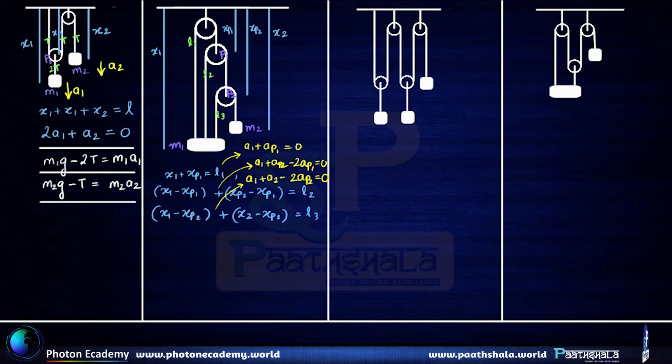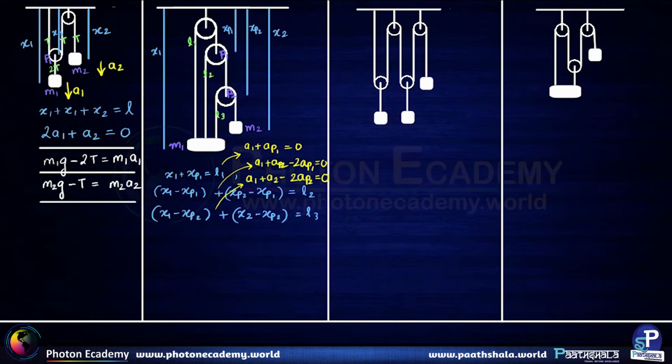We need to eliminate ap1 and ap2 from these three equations in order to get the relationship between the accelerations a1 and a2. So ap1 happens to be minus a1 from the first equation.